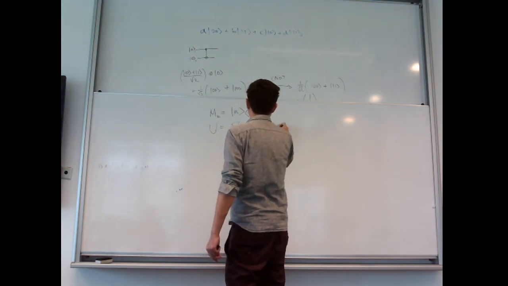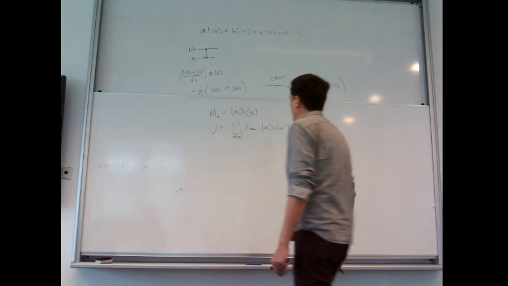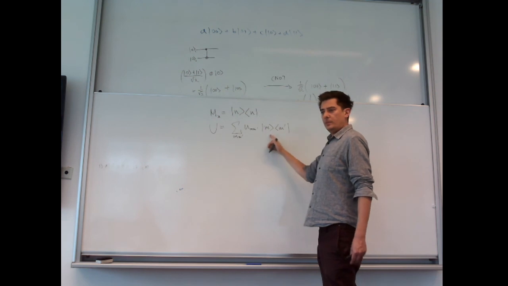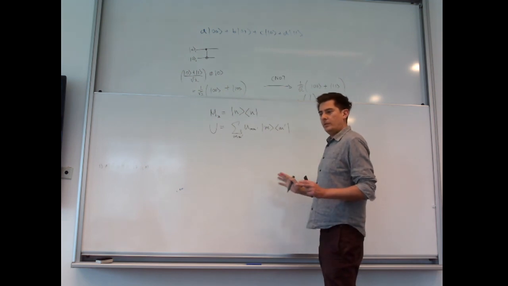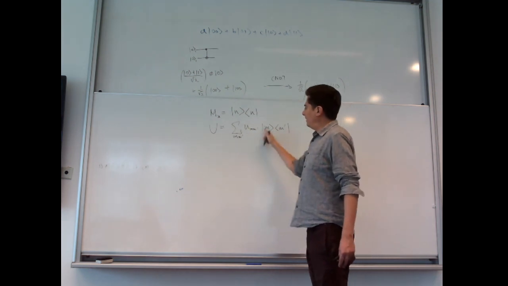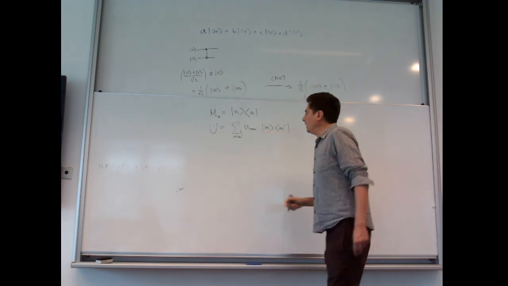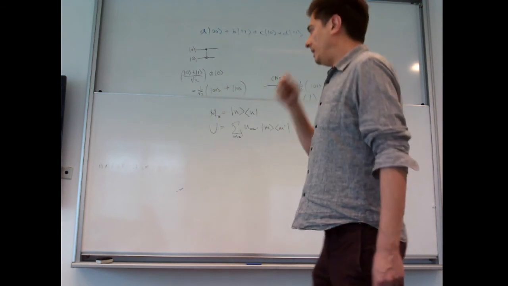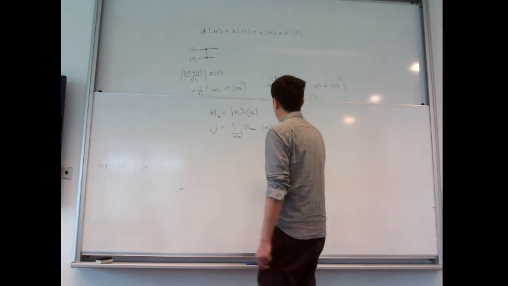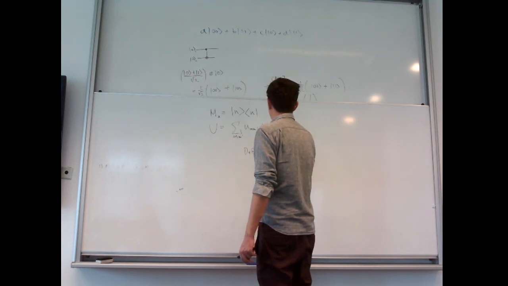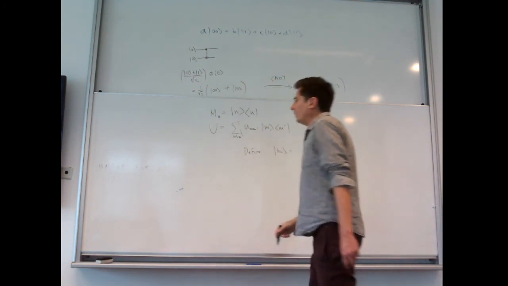These states are also in the 0-1 basis, but there could be some complicated coefficients here. What I'm doing here is defining this thing called Bn.